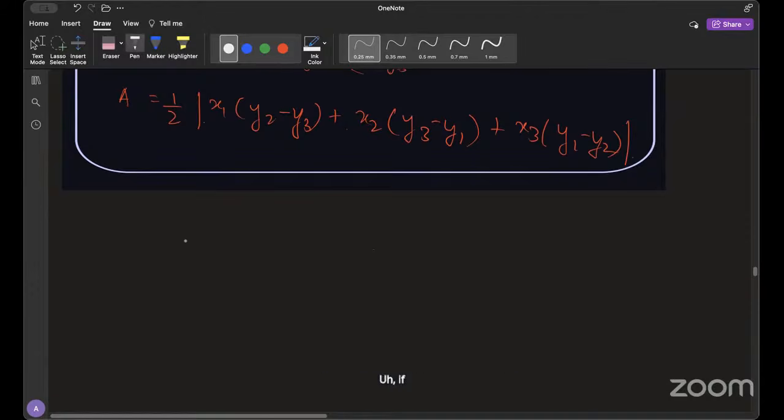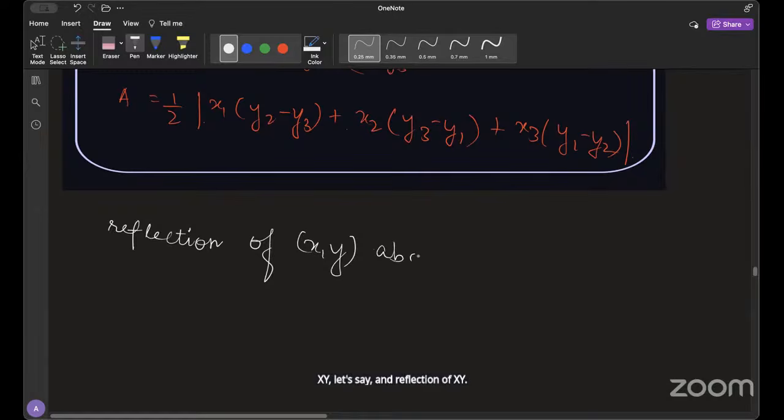If you reflect a point about the x-axis, y-axis, and y equals x, let's see. If you have a point (x, y), the reflection of (x, y) about the y-axis is basically you keep y constant and you change the sign of x.